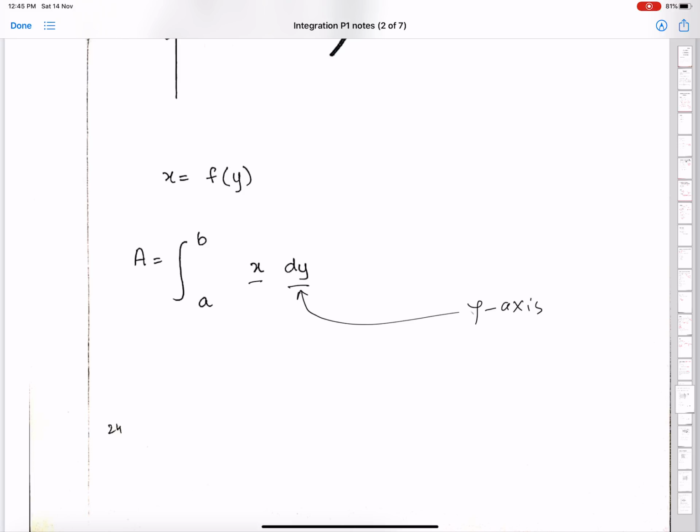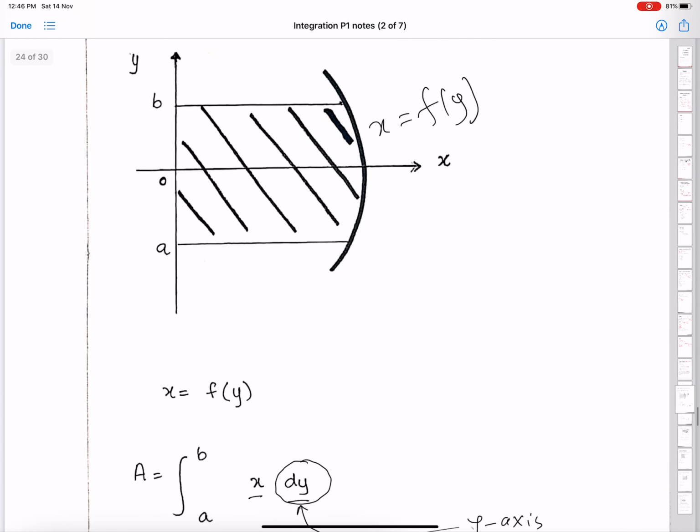Well, this is the y-axis. dy is for the y-axis because the area is bounded between the curve and the y-axis.